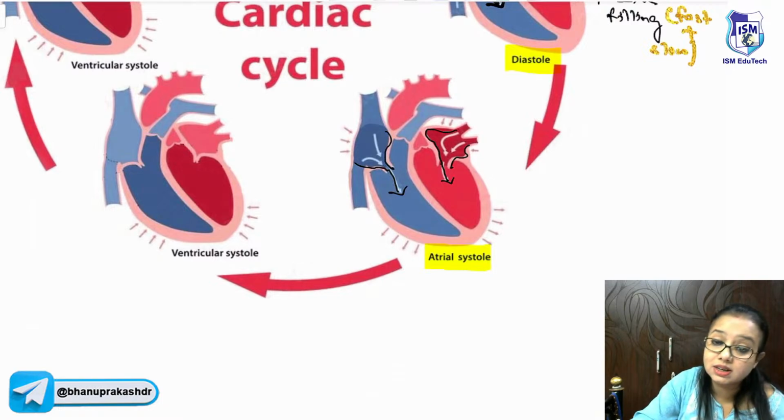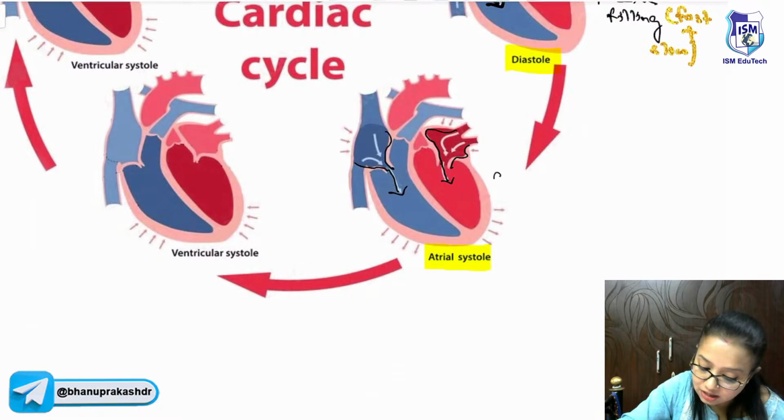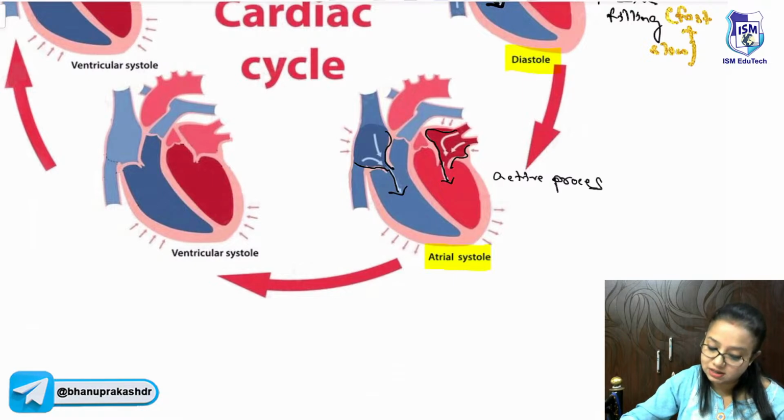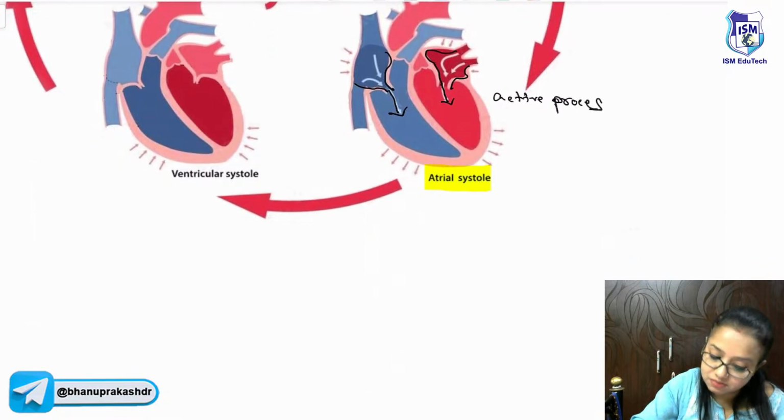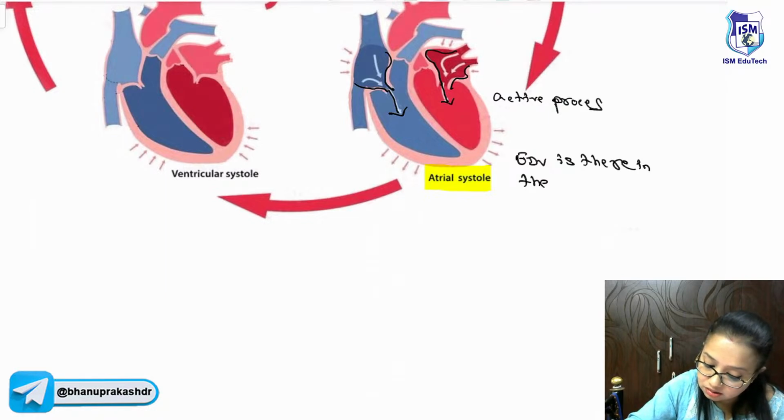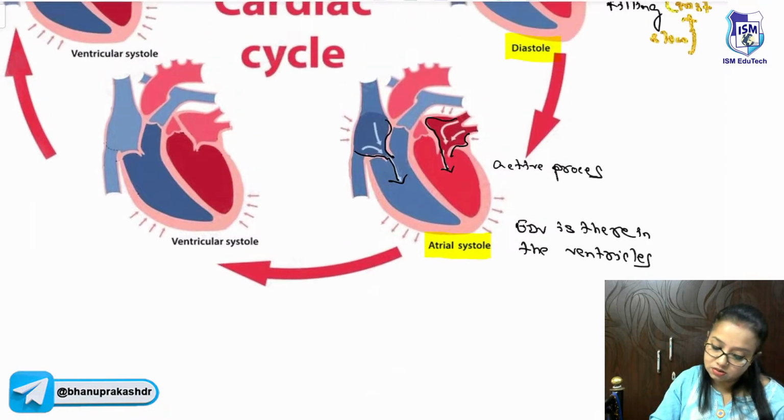This is an active process. Through this passive and active filling, the blood that we have in the chambers is the end diastolic volume in the ventricles.